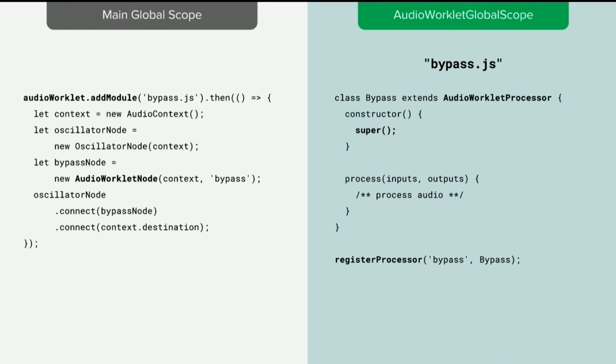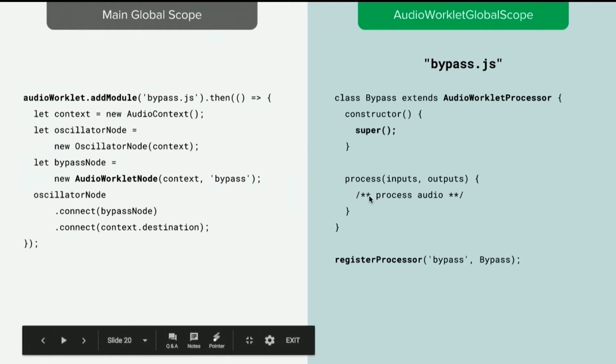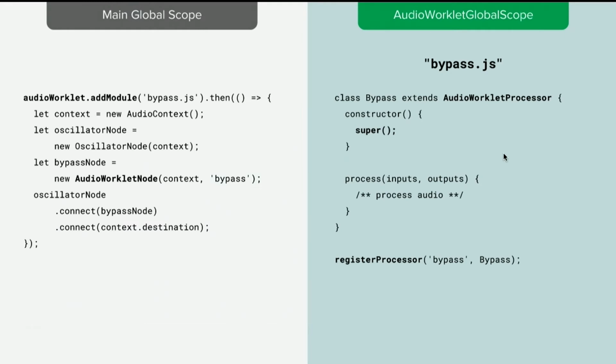In this JS file, you simply define your own subclass of AudioWorkletProcessor. So let's go through it one by one. When this gets called, this whole thing will be evaluated. And this is a separate scope from the main scope, so they don't interfere.